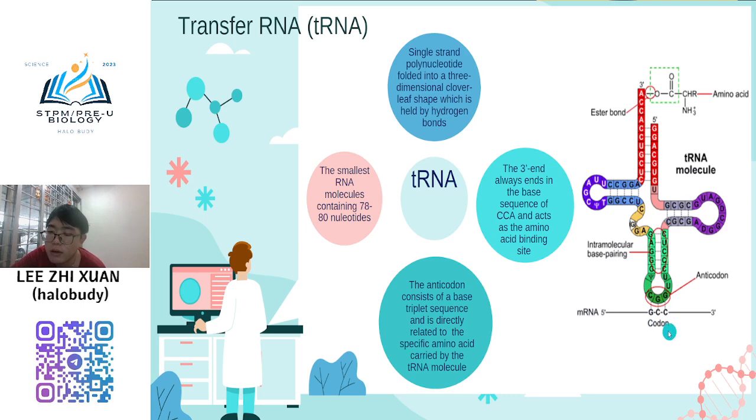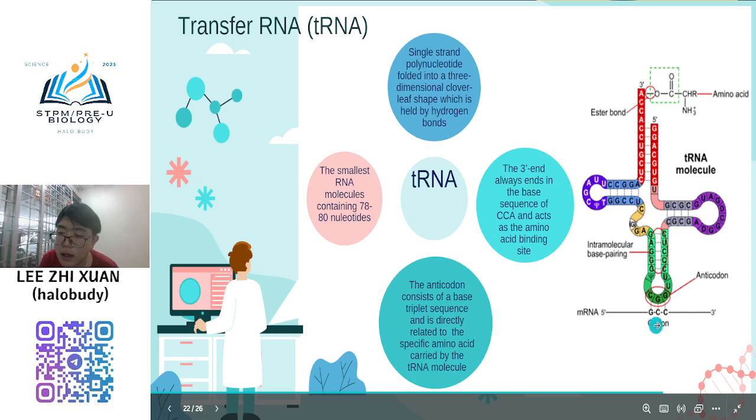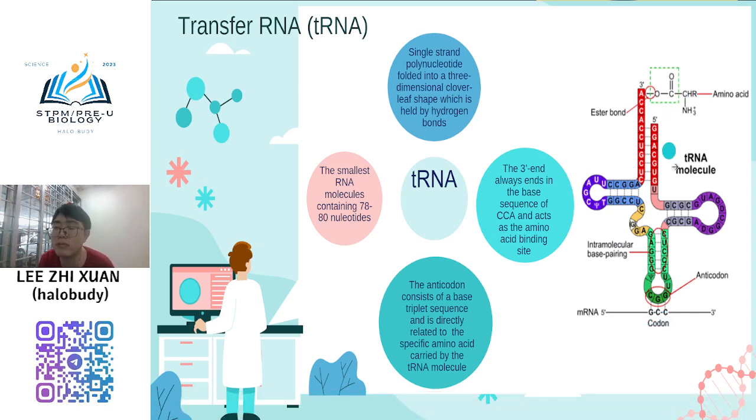So now the mRNA is the codon. If complementary to the mRNA, then the amino acid will be released to join to form the protein. If not complementary to each other, then this amino acid will not be released and this tRNA will directly come out. They will go out and another tRNA which is complementary will join.